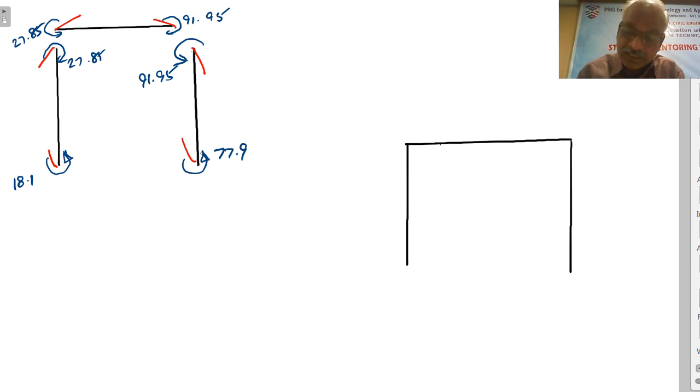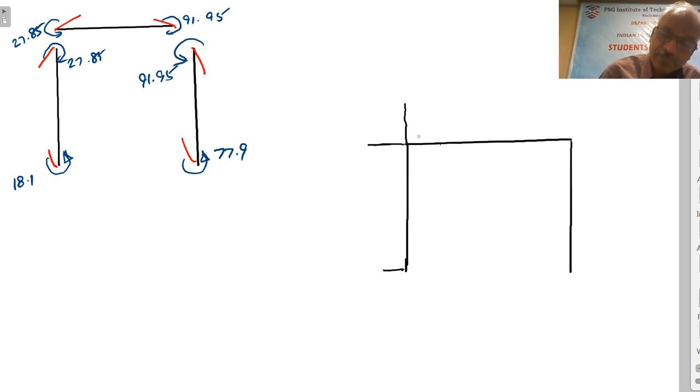Therefore here 18.1, here 27.85, here again 27.85, here 91.95, here 91.95, and here 77.9.